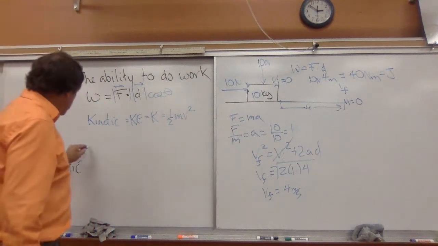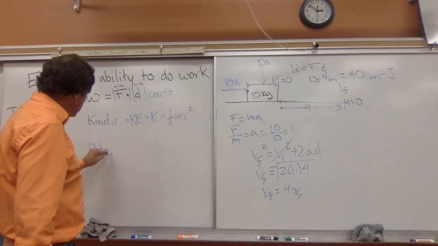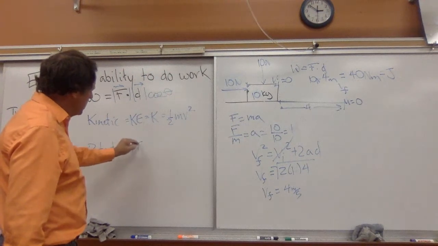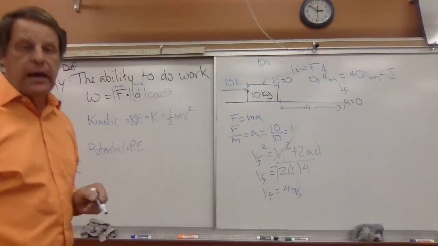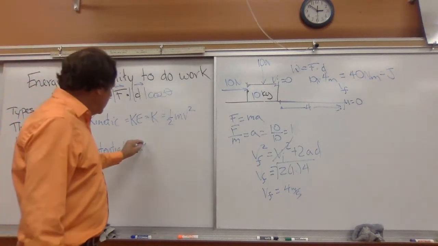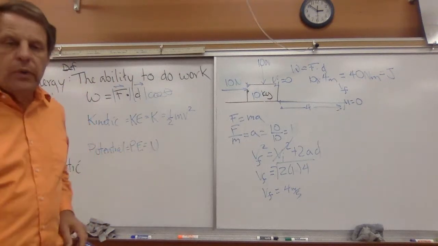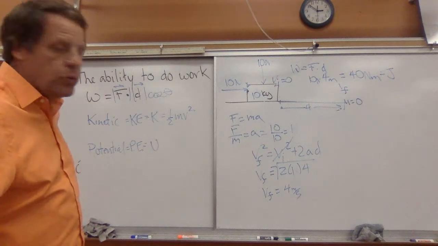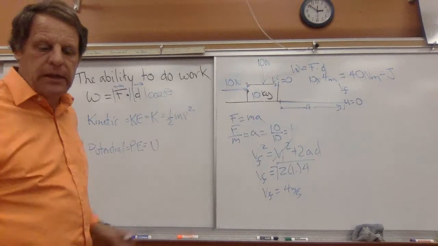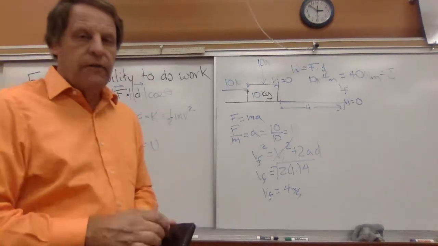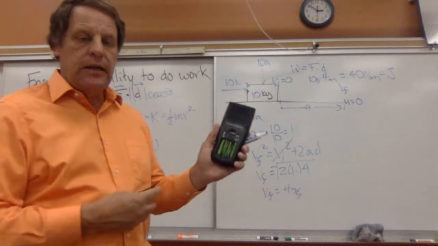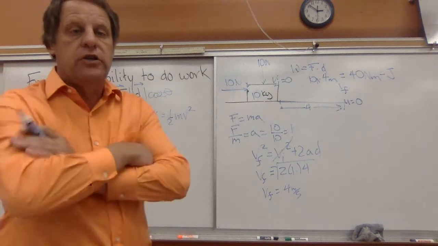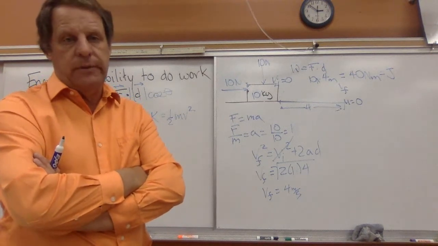Okay? Now, we're also going to have potential energy. And that potential energy, we may abbreviate it with capital P, capital E. But in your text, the equation for potential energy is equal to U. Now, there are many types of potential energy. For example, the energy that is stored in batteries would be potential energy, but that would be chemical potential energy.